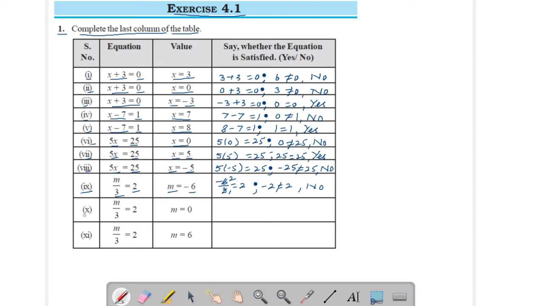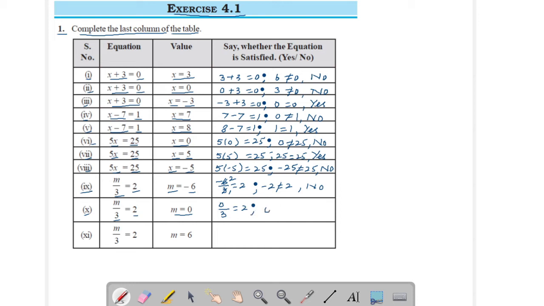Then come to 10th part. It is m/3 = 2. m = 0. Here replace m by 0. You will get 0/3 = 2. 0 divided by 3, what will you get?